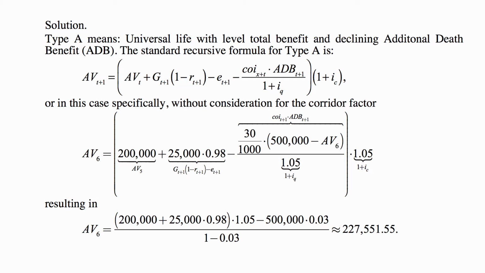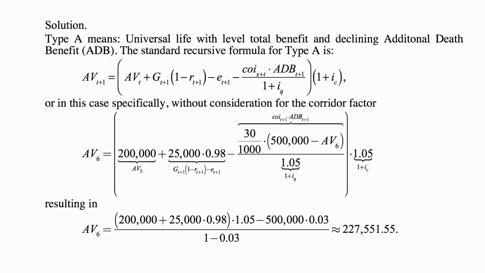And then we subtract also the cost of insurance, where COI refers to the cost of insurance rate, multiplied by the additional death benefit and discounted using the I sub Q rate to the beginning of the year. Remember, the death benefit is paid at the end of the year, assuming a discrete structure of the payments, but that's what we assume here. All of this is accumulated with the credited rate.